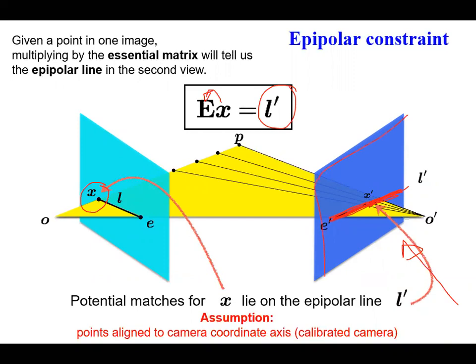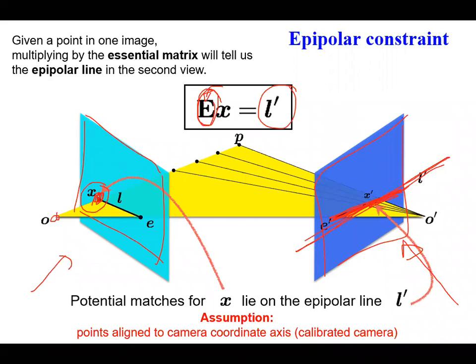This is the image plane for the right camera. Suppose you have another camera here with its center of projection. Then you have another image from the left camera. We would like to get a relation between the point here and a certain particular line there, and E will hold for that particular transformation.